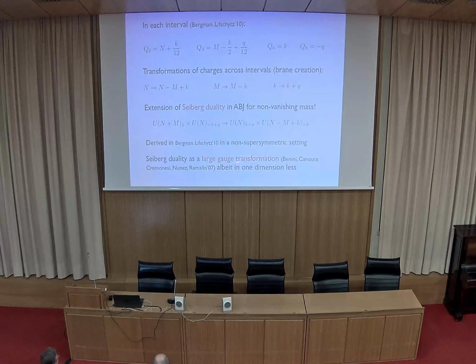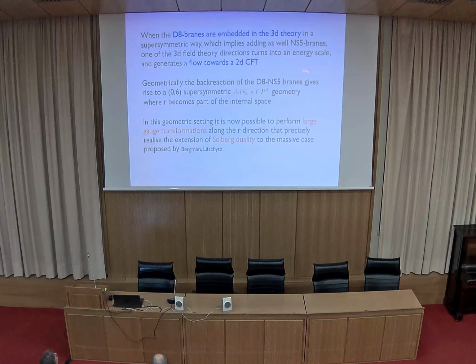We are doing this here, but in one dimension less. So the interpretation is that when the D8 branes are embedded in the theory in a supersymmetric way, as we have done, which implies NS5 branes, then one of the 3D field theory directions, using field theory language, turns into an energy scale and generates a flow towards a two-dimensional CFT.